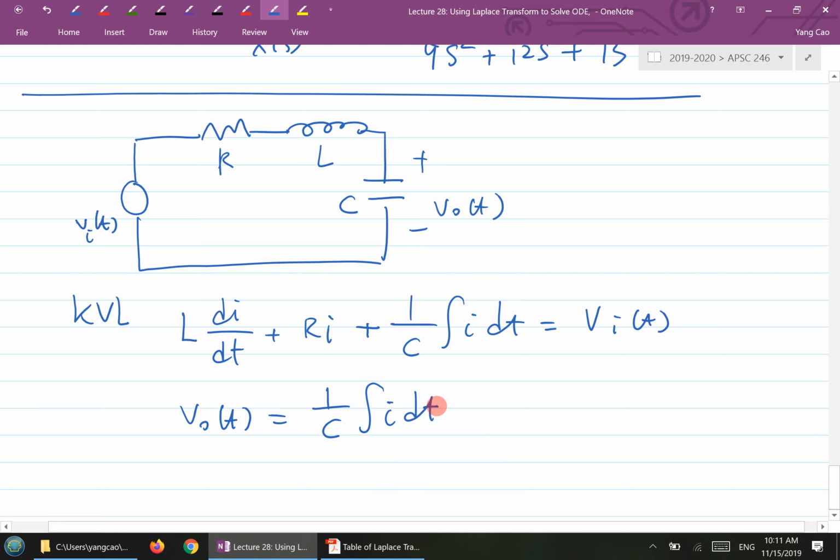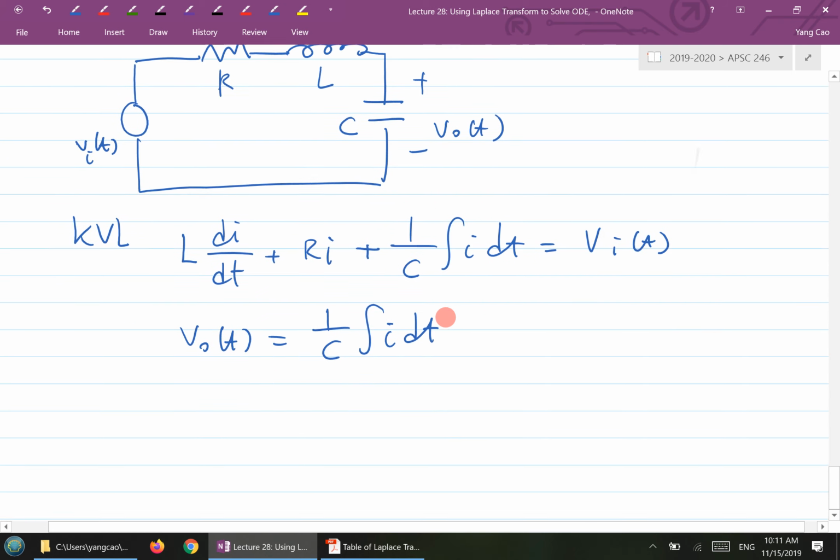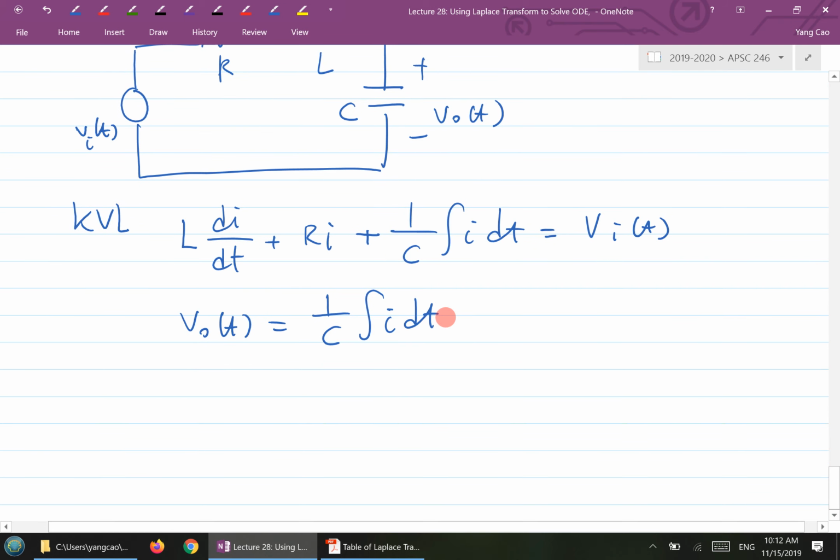So that's basically this term here. So how do I get the transfer function? Transfer function basically means we're looking for the ratio between the output, which is Vo, and Vi. So we're looking for this ratio here.